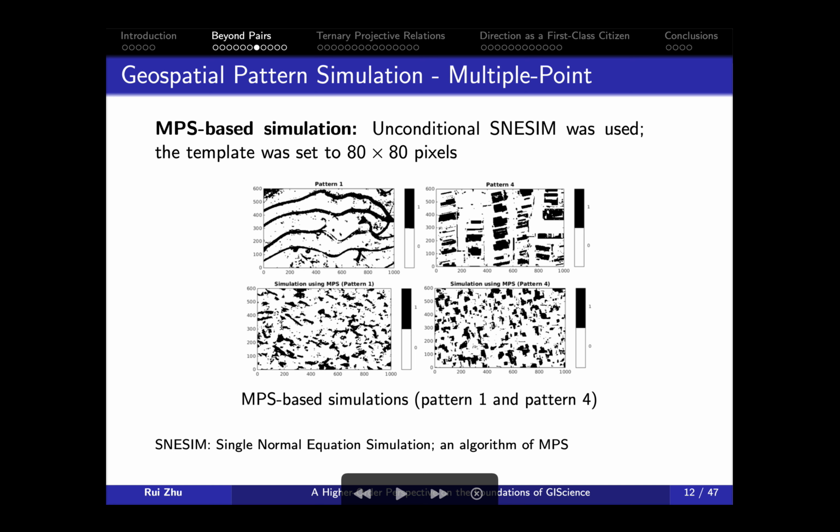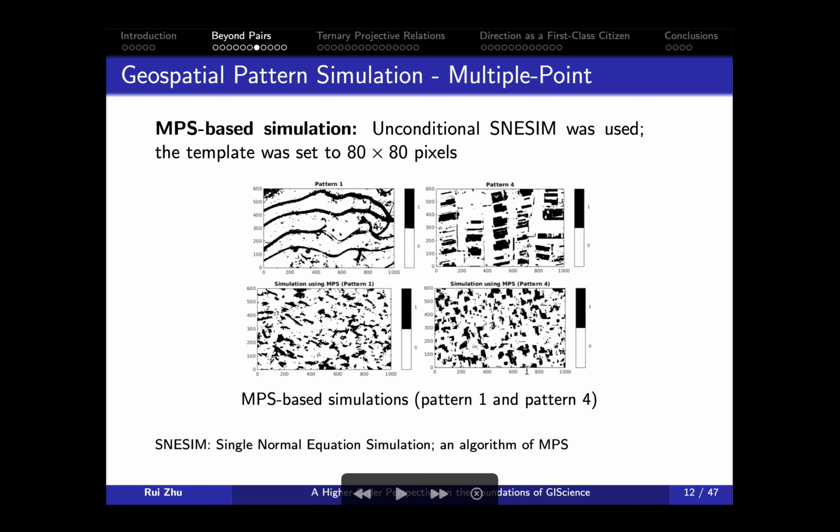The simulated pattern 1 is similar to the original pattern 1, where there are curvilinear structures like streams, while the simulated pattern 4 is similar to the original pattern 4 with polygonal geometries reproduced across the field. Here, we only demonstrate two patterns.